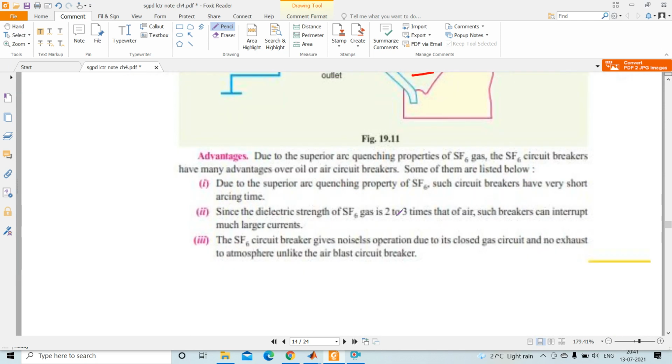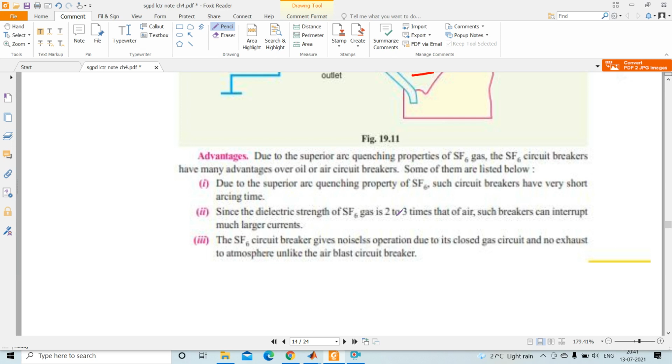Then what are the advantages? Due to the superior arc quenching property of SF6 gas, the SF6 circuit breaker has many advantages over oil or air circuit breakers. Such circuit breakers have very short arcing time.